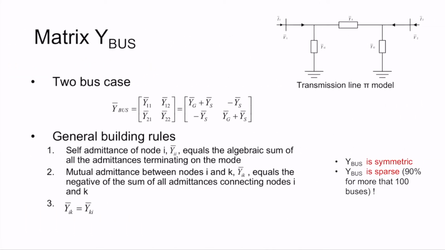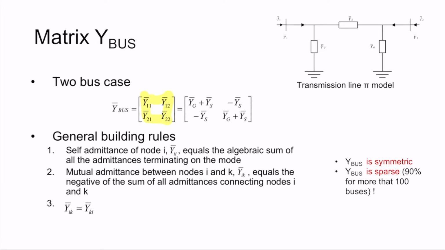So let me come back to this Y matrix or Y bus. This admittance matrix has some special properties. So I recall the previous one for a system of 2 by 2. I have two nodes, so this matrix has a size of 2 by 2.